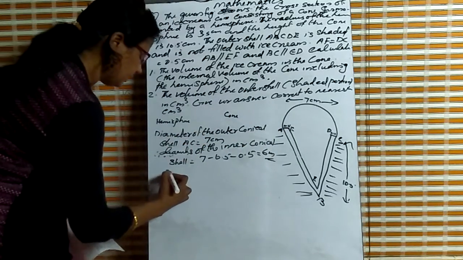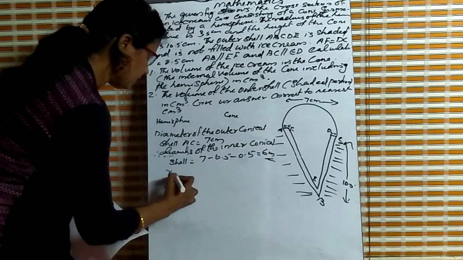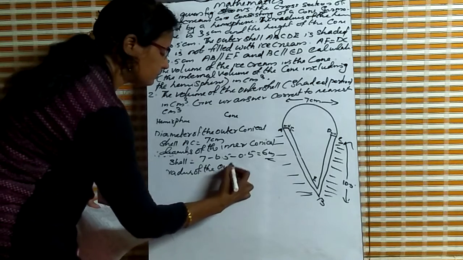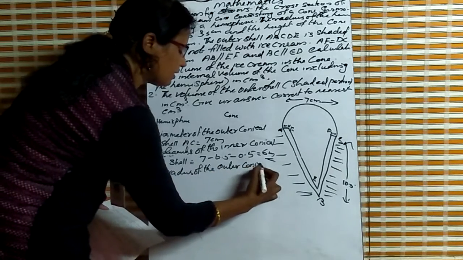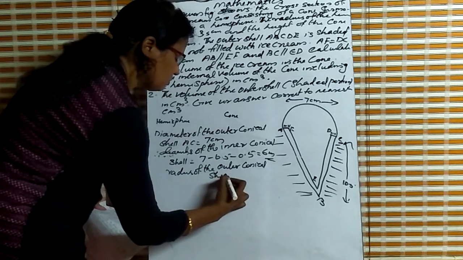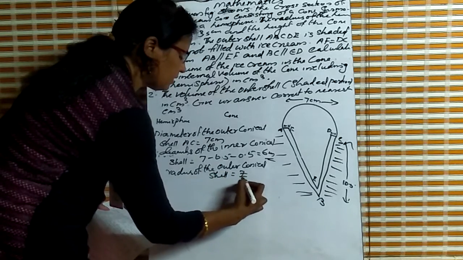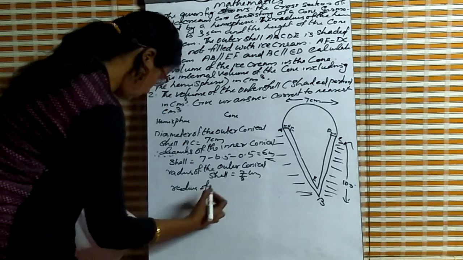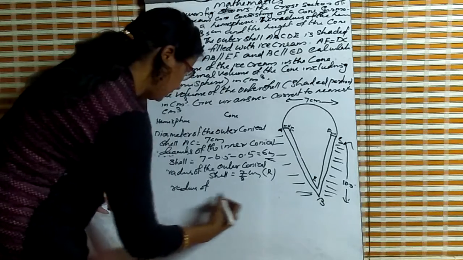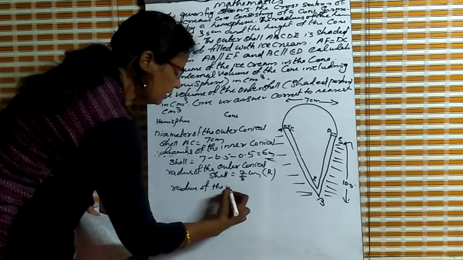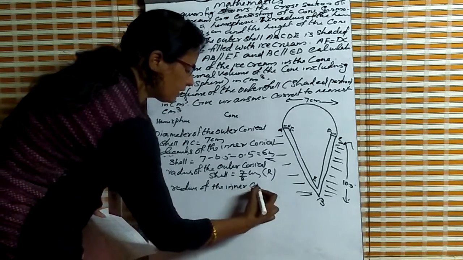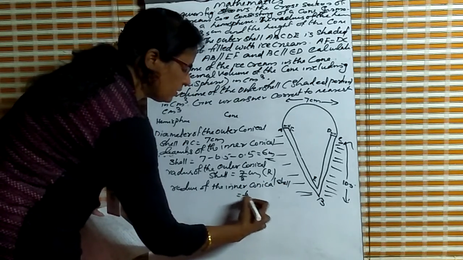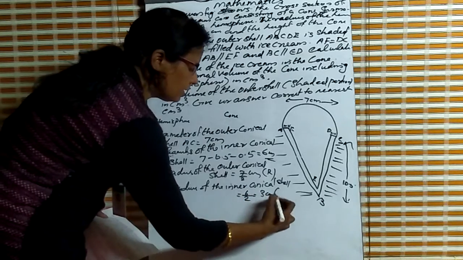Now we have to write the corresponding radius. The radius of the outer conical shell, represented by capital R, is equal to 7 by 2 centimeter, and the radius of the inner conical shell, small r, is equal to 6 by 2, which is 3 centimeter.